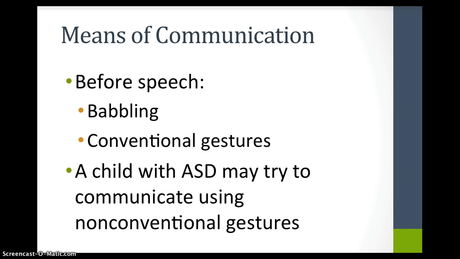A child with ASD can try to communicate using gestures, but very often they're non-conventional. So back to this interpretation of many of the social aspects of communication that we tapped into in that very brief discussion of theory of mind. Very early on, we may see a lack of convention in the attempts made to communicate by very young children with ASD.